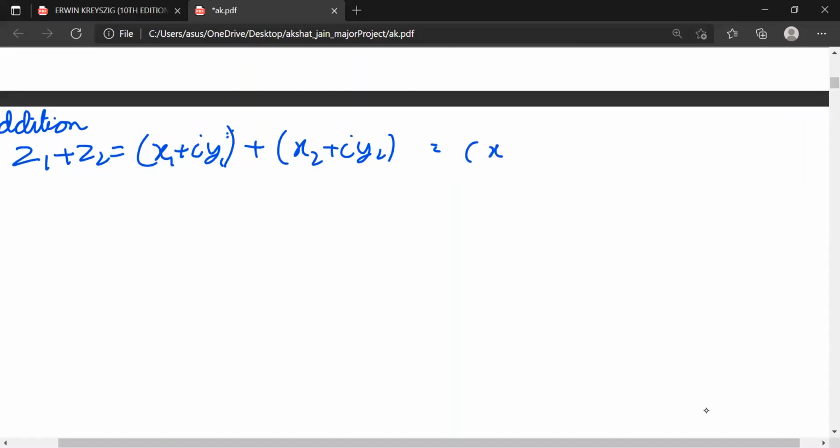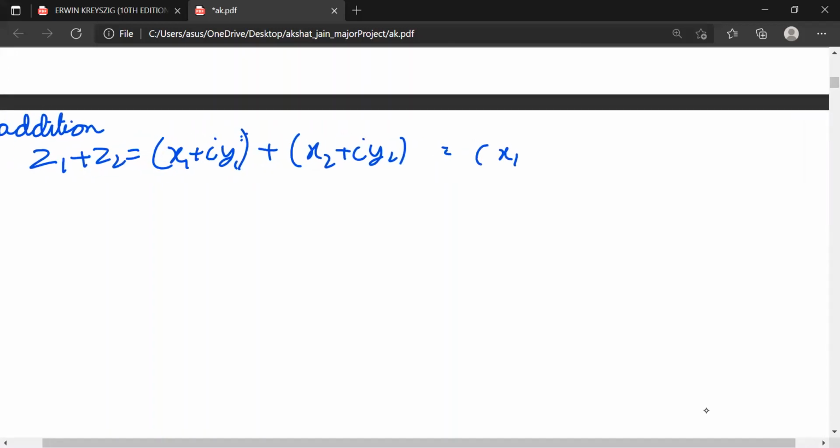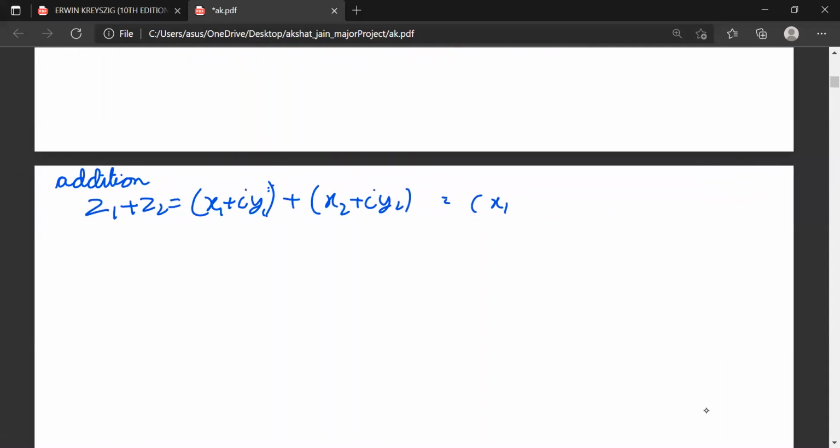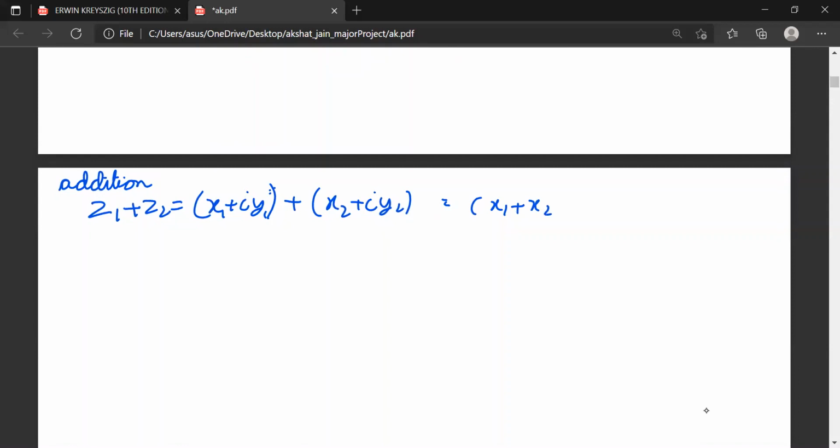So we will write x1 plus x2 plus iota times y1 plus y2.